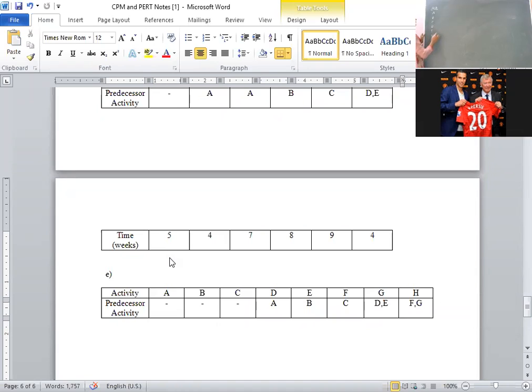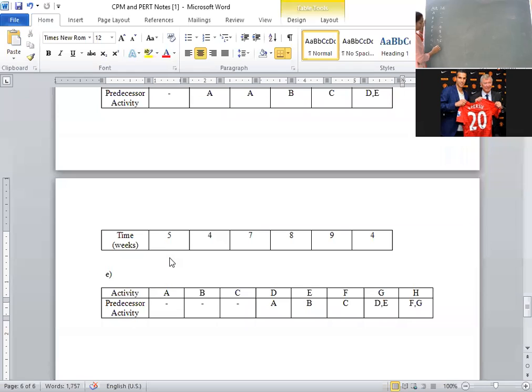Later, preceding activity or immediate predecessors. You know what is preceding activity and what is succeeding activity; in the introduction part itself, we did it. A blank is there in front of A, that means there is no preceding activity for activity A. Similarly B, similarly C. Here, in front of activity D, what is there? A. That means A is completed, then only activity D. That is the meaning.